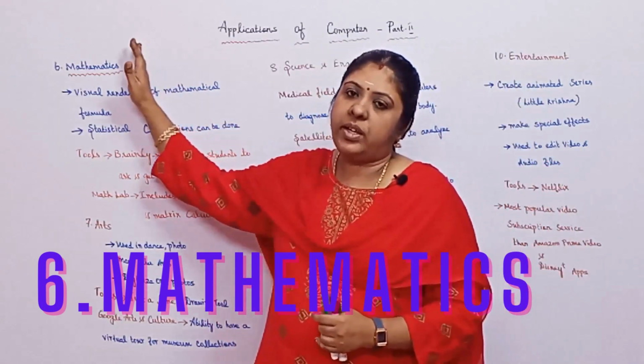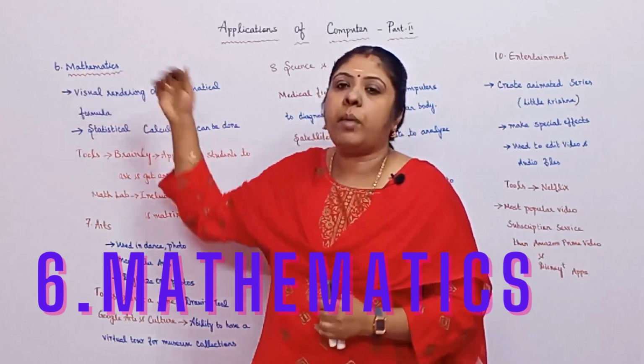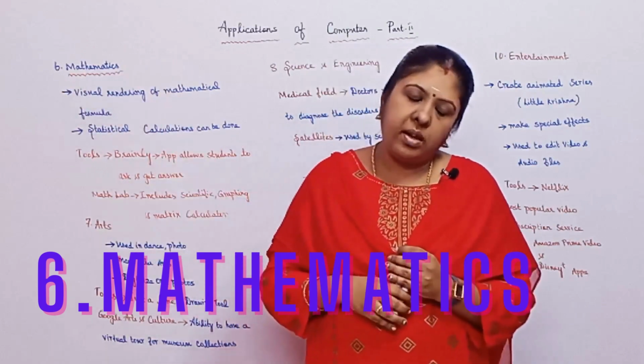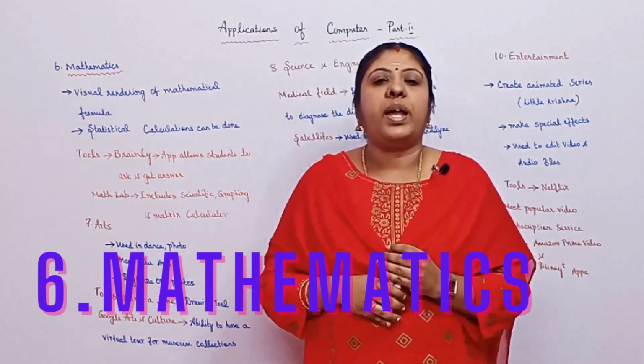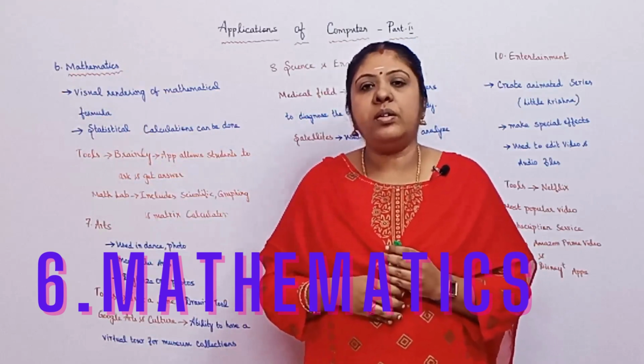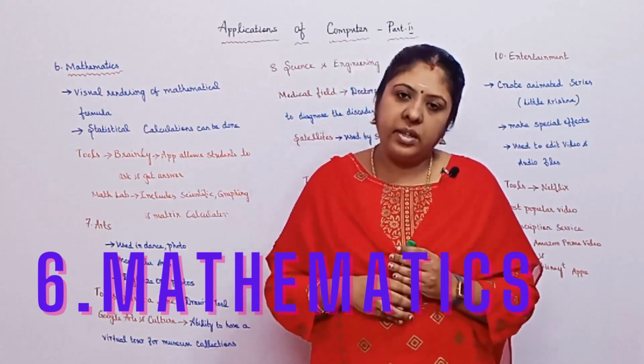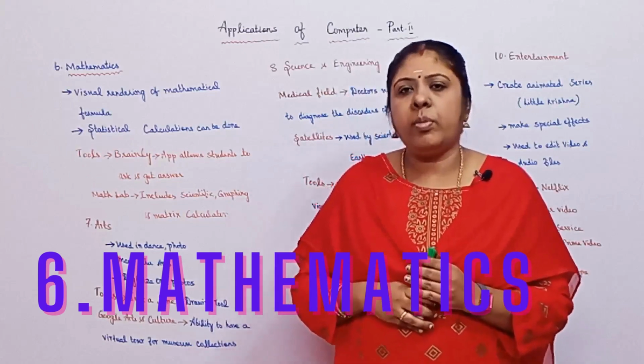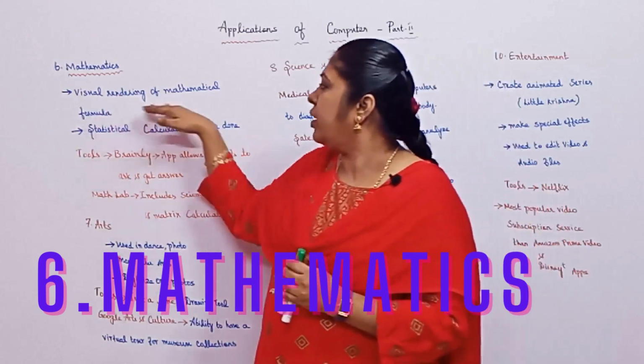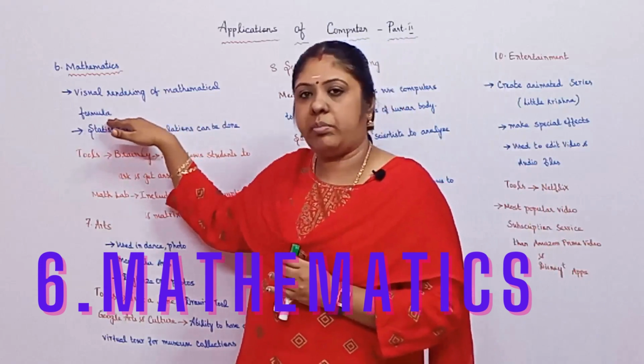The sixth point is the application of computers in mathematics. Mathematics means we all remember that it is full of formulas and equations. With the help of computers, a visual rendering of a mathematical formula can be done.